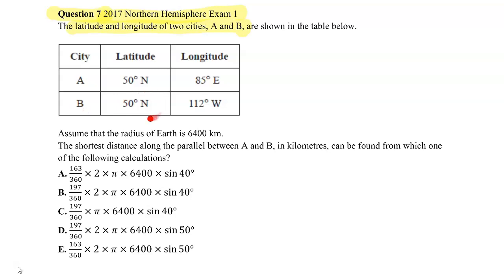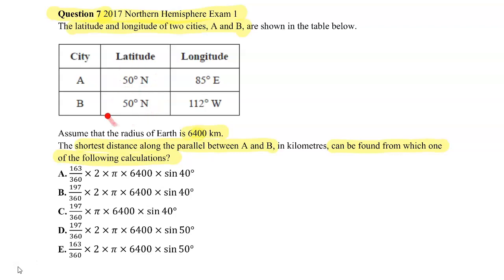B has got the latitude of 50 degrees north and the longitude of 112 degrees west. Assume the radius of the Earth is 6,400 kilometres. The shortest distance along the parallel between A and B in kilometres can be found from which one of the following calculations?